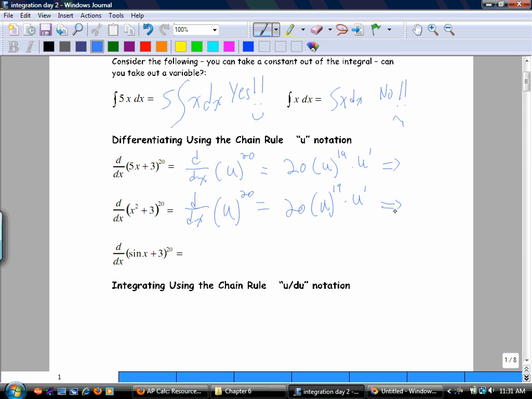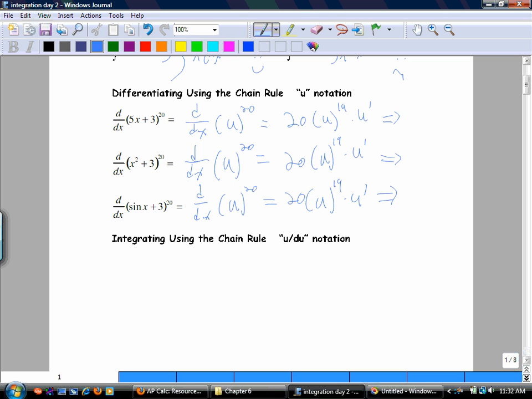Then you could figure out what u prime is, substitute it back in, and solve. Last one, same thing: d dx of u to the power of 20 equals 20 u to the 19 u prime. In each case, u prime is different, because it's all based upon the inside of the brackets. Again, you could solve for that if you wanted to.